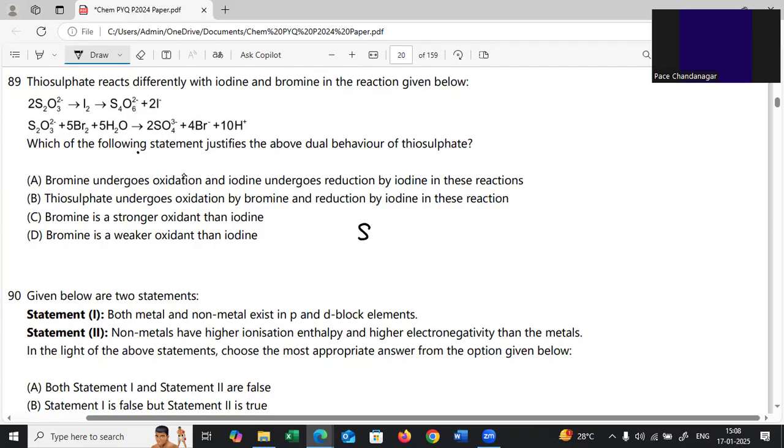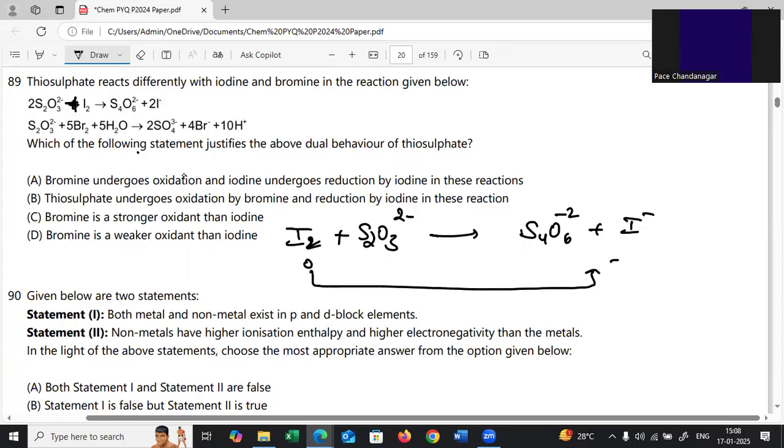So first let us write down S2O3 2- plus iodine, I2, will give us S4O6 2- plus I-. Here iodine goes from neutral to negative, which means you're decreasing on the number line. Reduction is going on here.